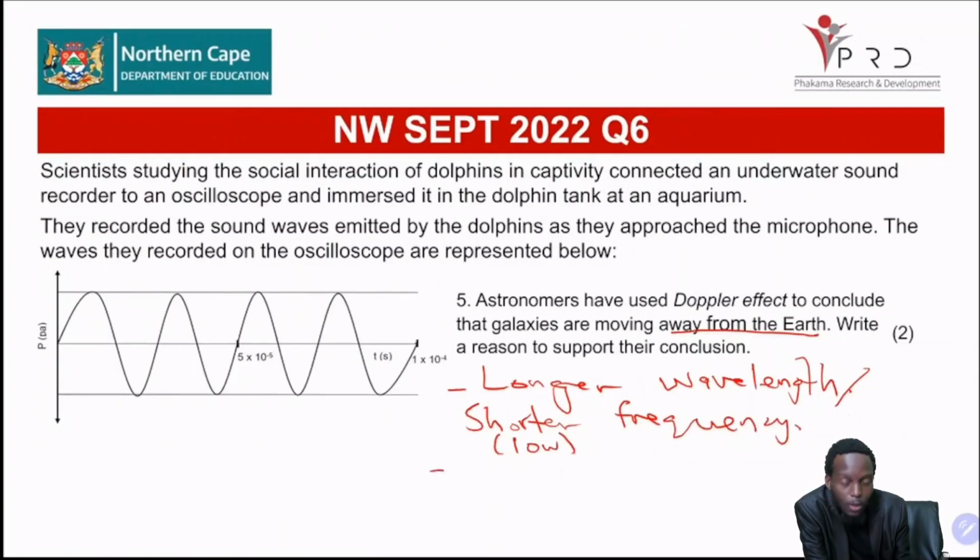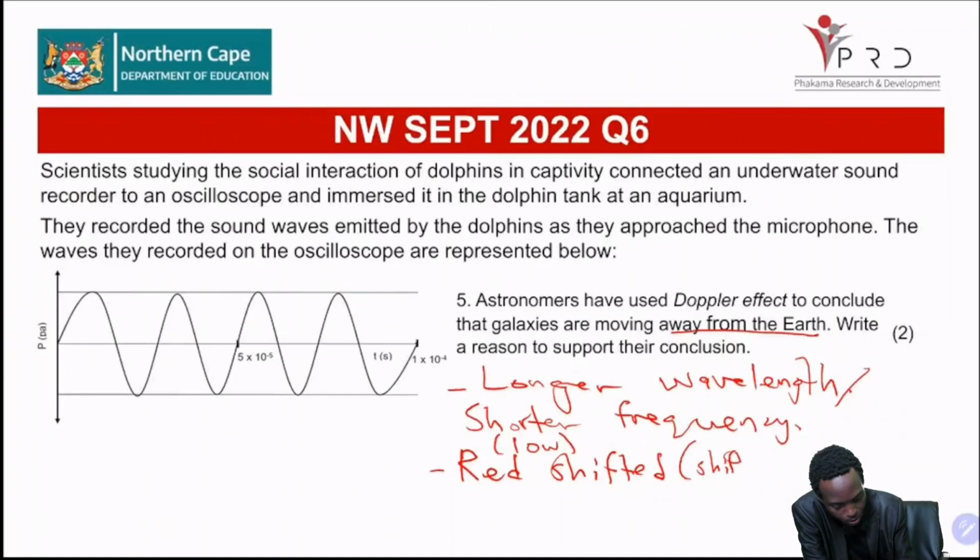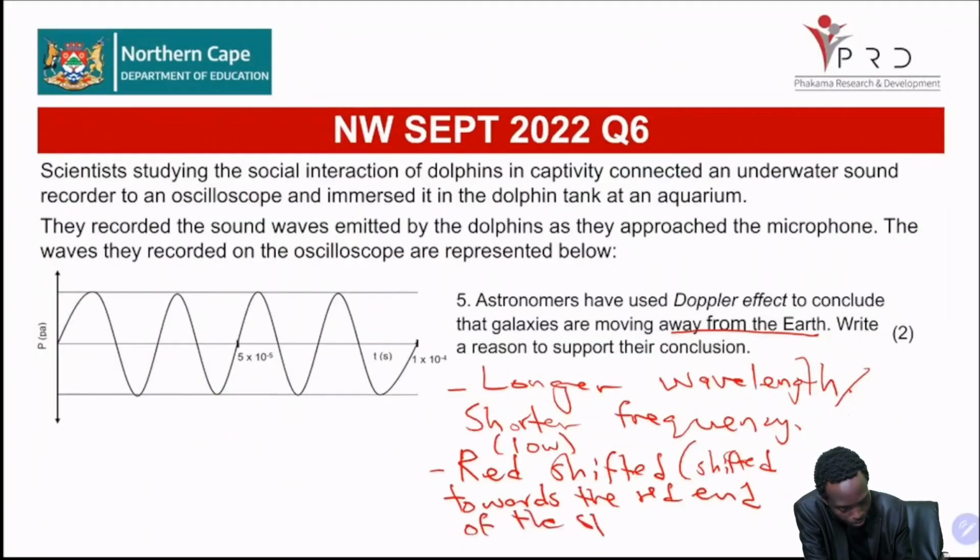And what does that imply? This implies that it is shifted towards what? It is shifted towards the red end of the spectrum. That's what it means.